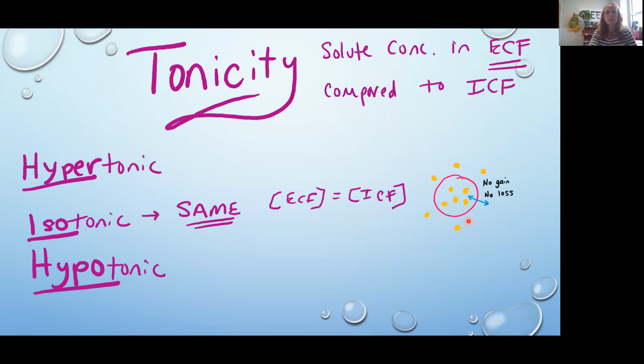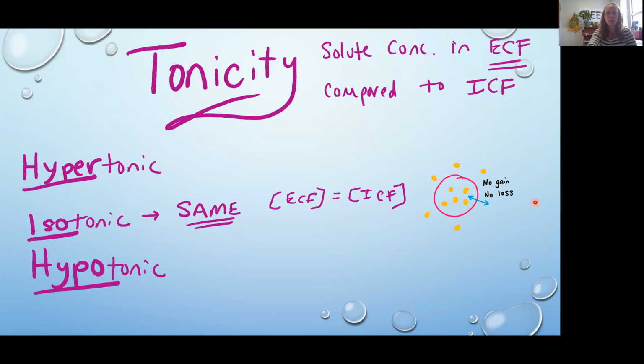So because there is no hill, there is no concentration gradient, it's a flat line, we have the same amount of water going in and out of the cell. So this cell doesn't gain water, it doesn't lose water, it stays the same. So this would be the ideal scenario for animal cells. An isotonic solution. That means the ECF has the same concentration of solute as the ICF, and so the cell doesn't gain or lose water.